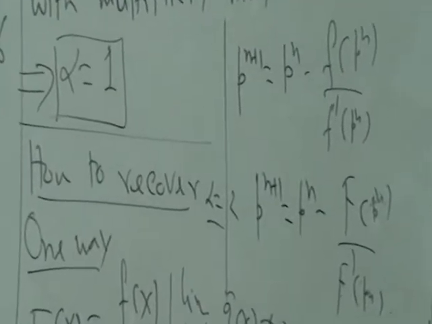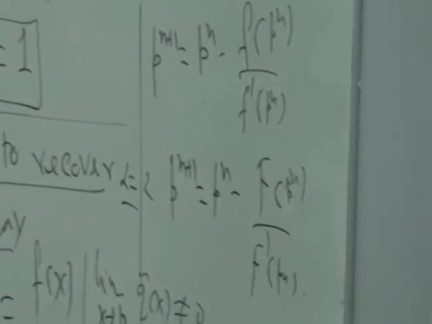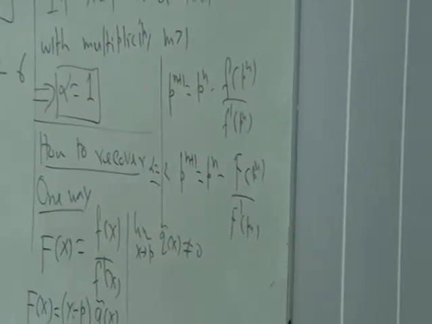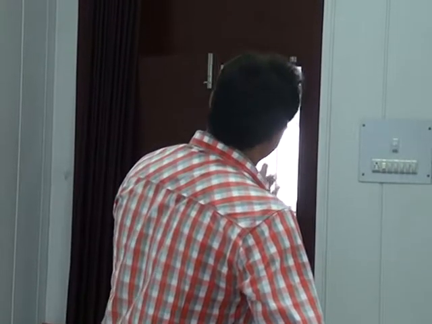This is one bit, regardless of what the multiplicity m is. M can be 2, 3, 4, 5. M can be 2, it also works, m can be 3, it also works, whatever my m is. Right? This works.